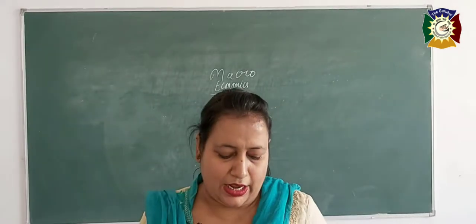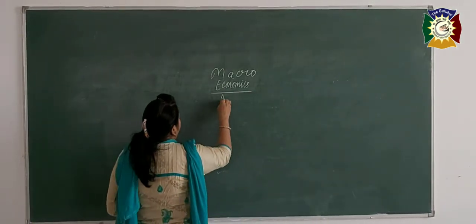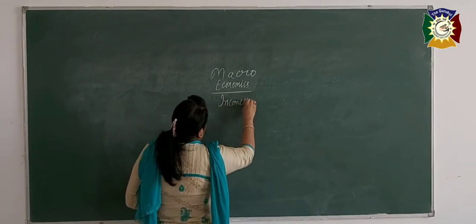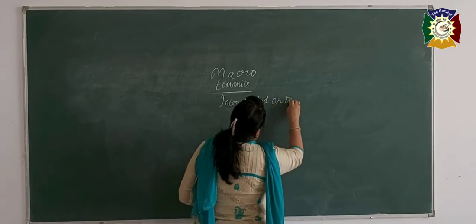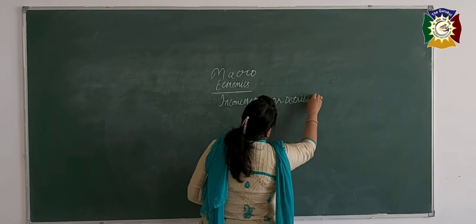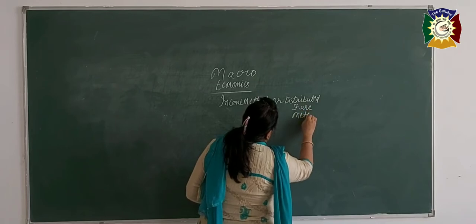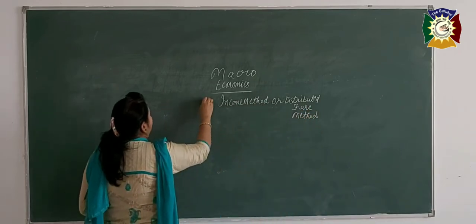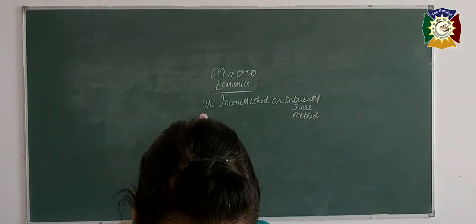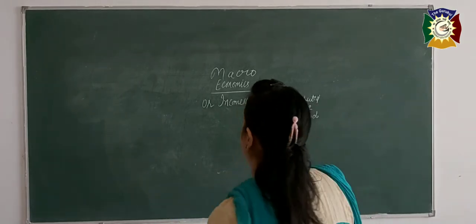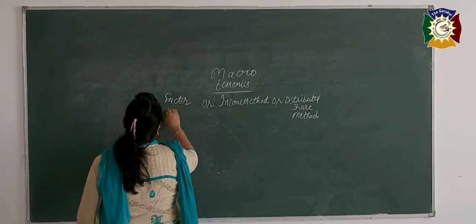So I am telling you the name of income method is distributed share method or factor payment method.